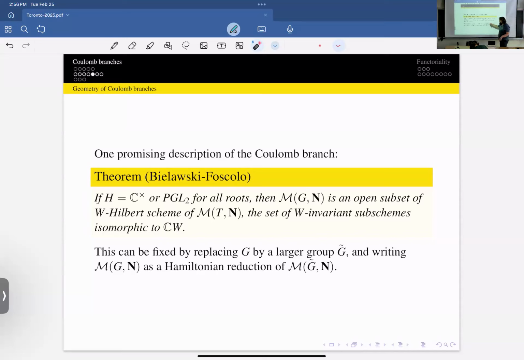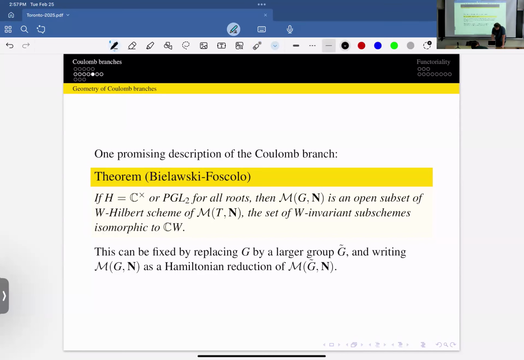It's the set of all W invariant subschemes which are isomorphic to the group algebra as modules over W. So if I have a free orbit, that gives me 1 point in this guy. But then there will be points where I have non-free orbits and something a bit funny happens. I have some funniness about what the subschemes are. And it turns out you can think about MGN as an open subset of this.